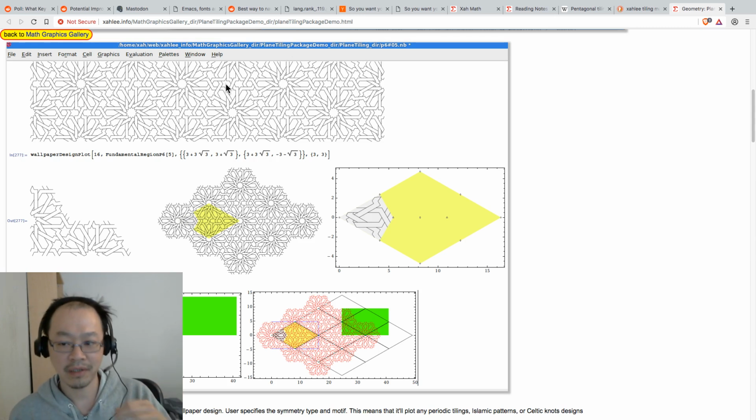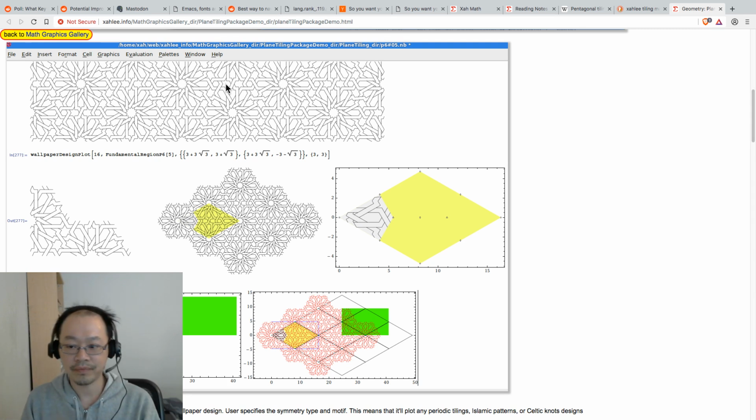I don't know much about quantum physics, but it's used there. So back to the topic. What I'm saying is that these subjects, tilings and patterns, on one hand, are very advanced. Even if you have a PhD degree in math, you can still study the subject and do research. In fact, there are a lot of open questions on the subject.